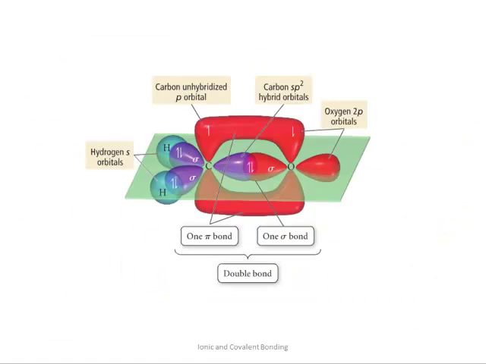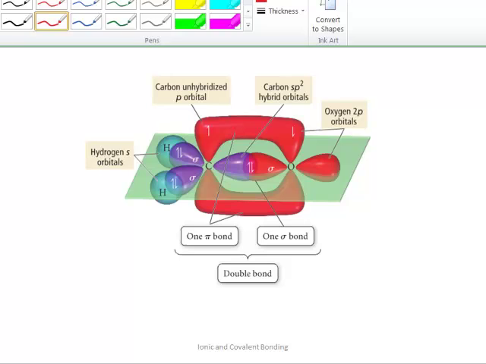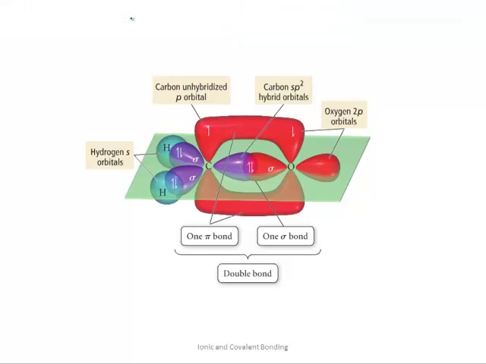And here we have pictured the overlapping of the unhybridized p orbitals for carbon and oxygen. If we had looked at the unhybridized p orbitals before they overlapped, it looked like this, and the overlapping comes above and below the sp2 hybridized single bond between oxygen and carbon.